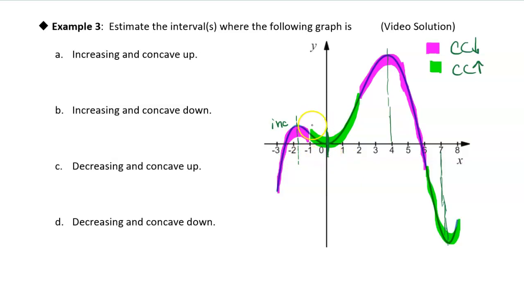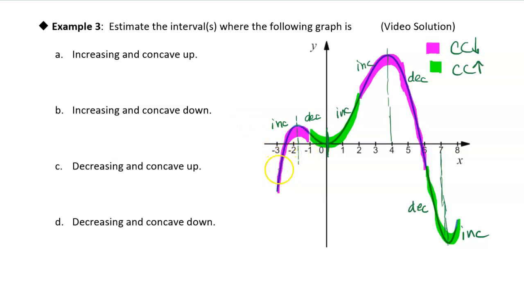And then it's decreasing there. And then it's increasing again. So it's increasing here and here as well. And it's decreasing here and here. And then it's increasing again.